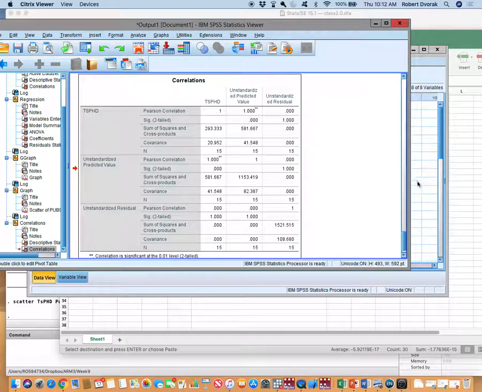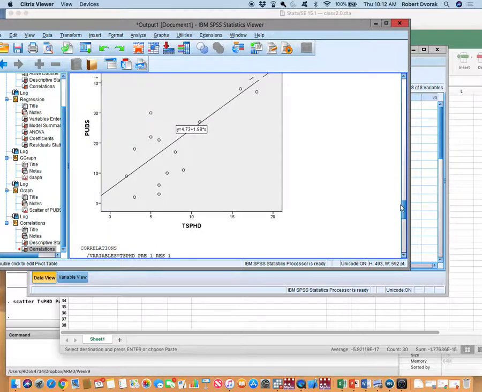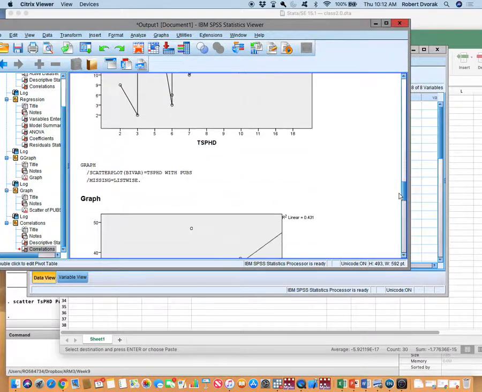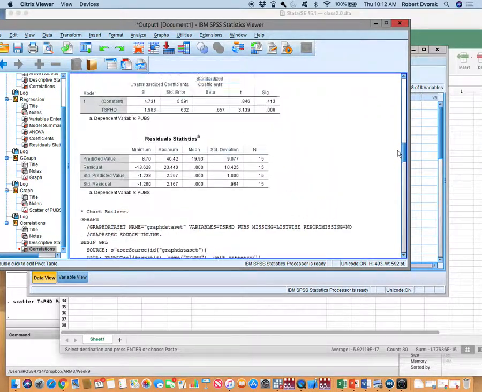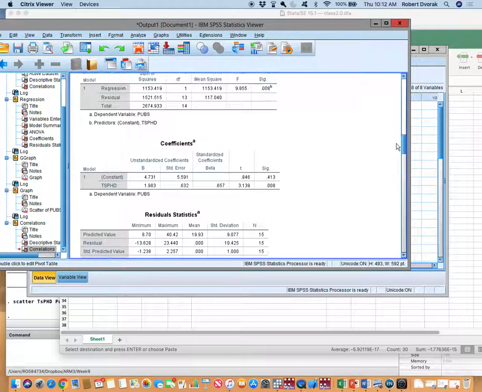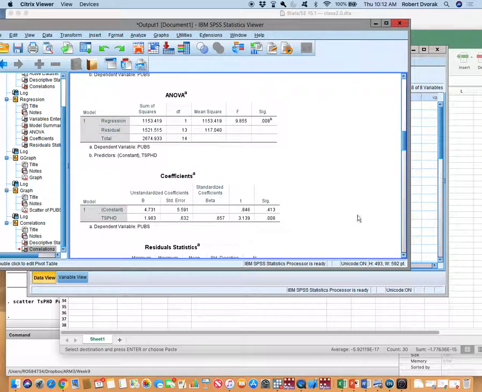All right, back to our regression equation here for a second. Let's do an exercise. Let's say that you are 8.7 years since you got your PhD.